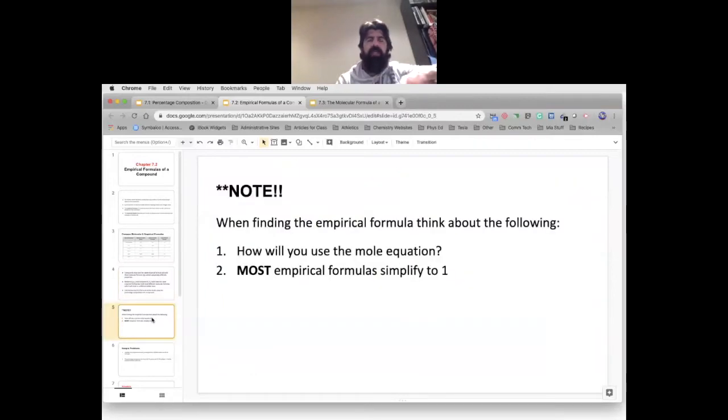Okay, here's a note to be aware of when you're doing these calculations. Two things, because in these sample problems we're going to be trying to figure out the empirical formulas.